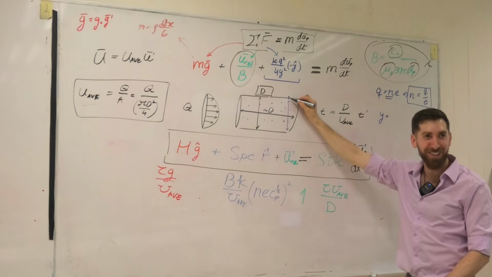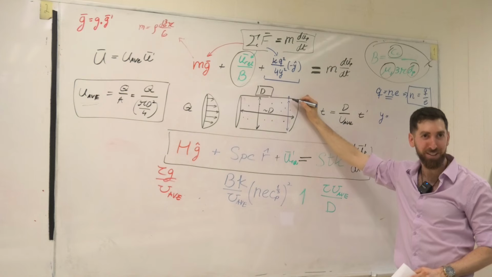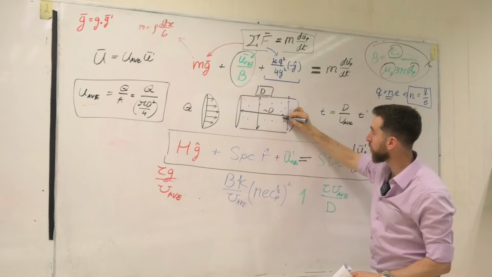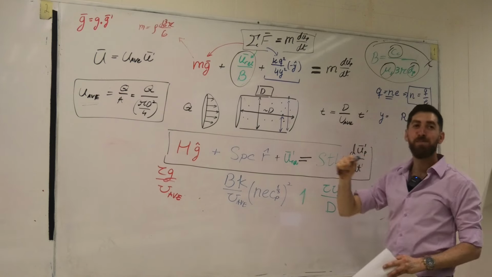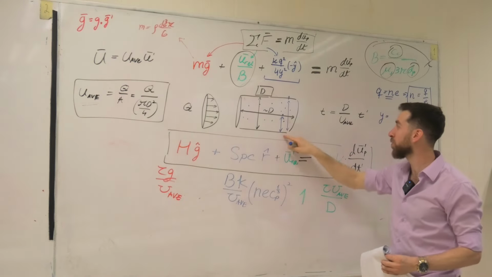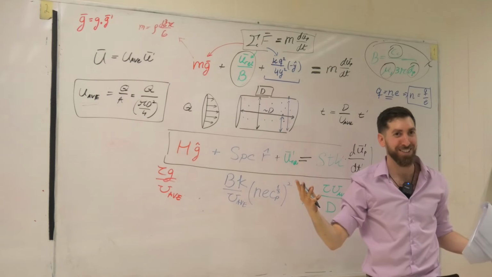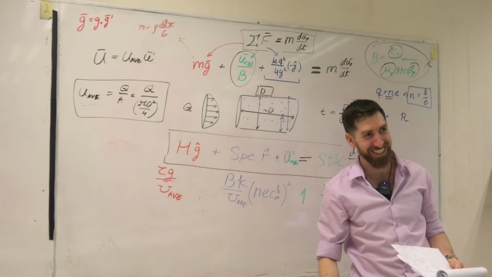You see, it's so small. So it must be smaller than the diameter. Agreed? So maybe the radius. But at the radius, we have symmetry. So the attraction from here and the attraction from here cancel out. So it must be smaller than the radius to make sense.